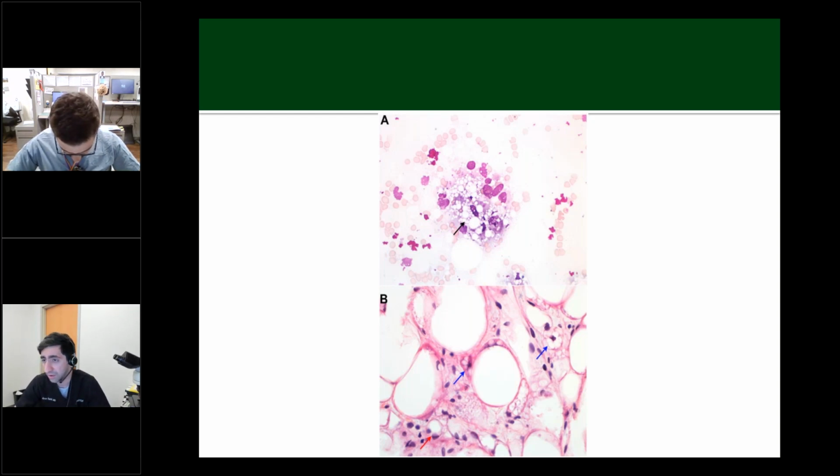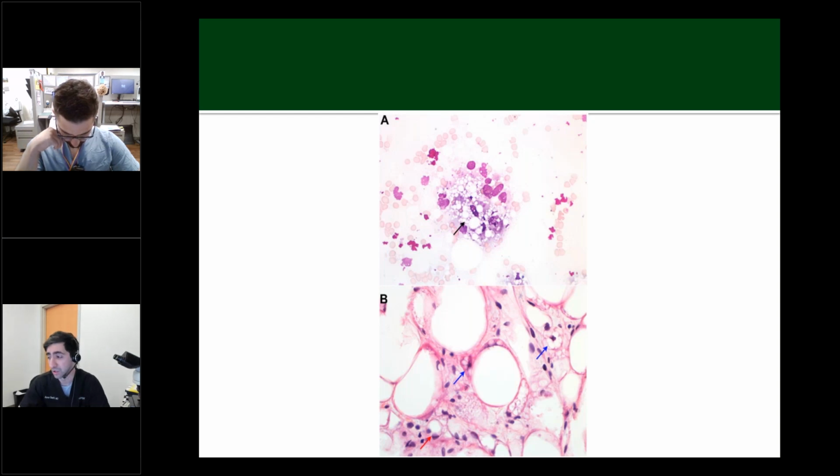In figure A, the touch prep shows cells with round to ovoid nuclei with cytoplasmic vacuoles of varying sizes, which is what the black arrow points at. Part B is the H&E section of part A, and shows predominantly mature-appearing adipocytes in lobules that are separated by thin septations.